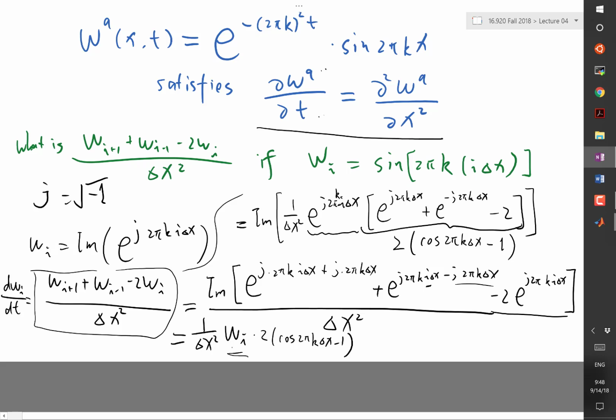This is true only for that particular sinusoidal function. I mean, it's also true if you plug in cosine. You're going to do the same calculation, but except for imaginary part, you have a real part, right? So as long as you have a sinusoidal function, you plug it into the differential equation, the time derivative is actually proportional to itself. And if the time derivative of something is proportional to itself, what does that mean?